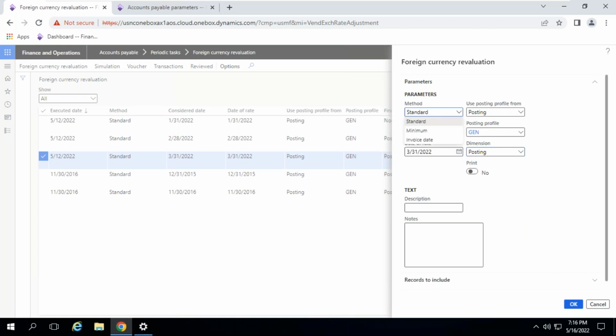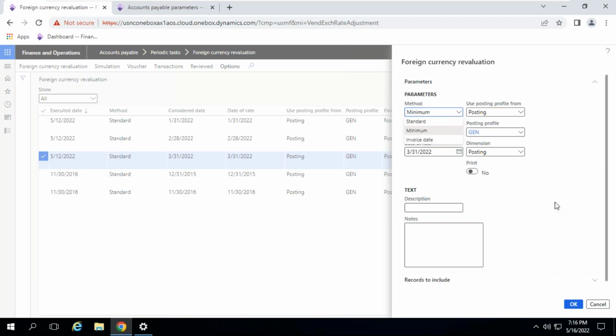Okay, standard cost method. If it is minimum, only if there is a profit decrease will it be processed. If it is maximum, it will not calculate. Understood? But usually we use the standard cost method only.